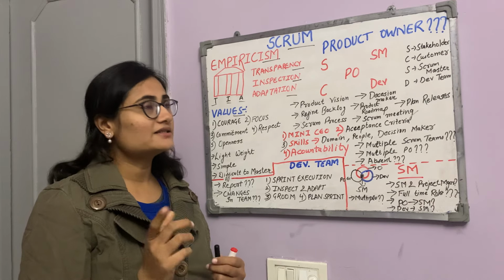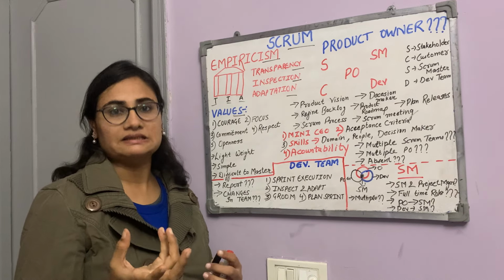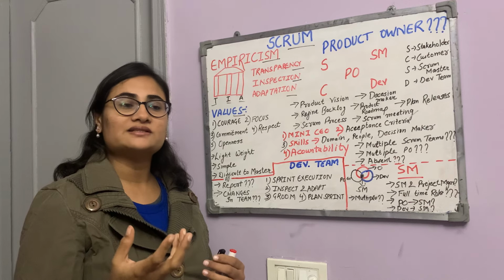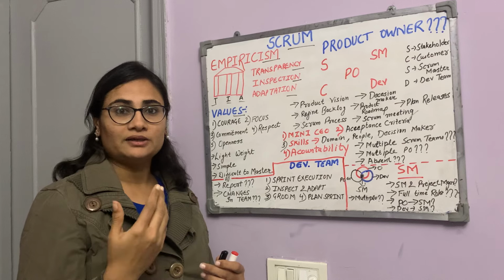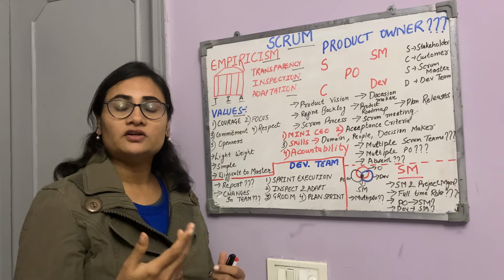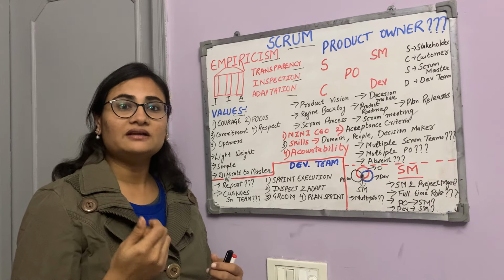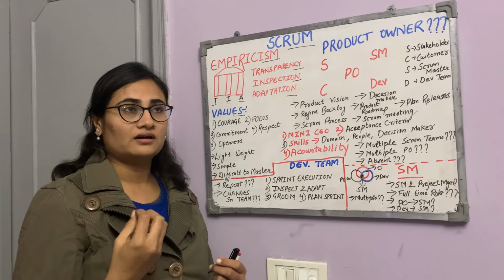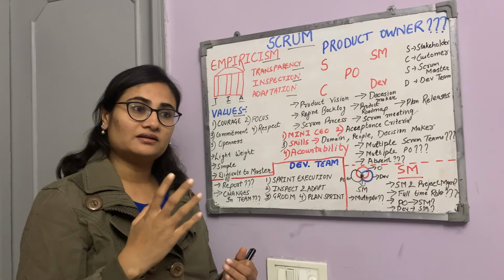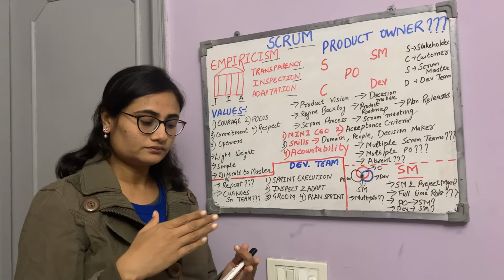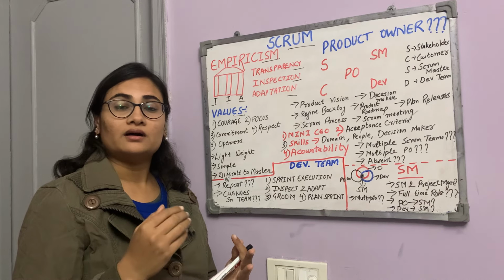Transparency also says how Scrum brings transparency. Scrum brings transparency through its various events also. We will discuss them in detail in our later videos. There are certain meetings and events which take place in Scrum on a daily basis, where the team will meet. The daily Scrum meeting will take place. Then there will be a planning meeting.